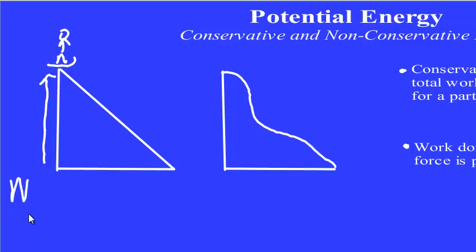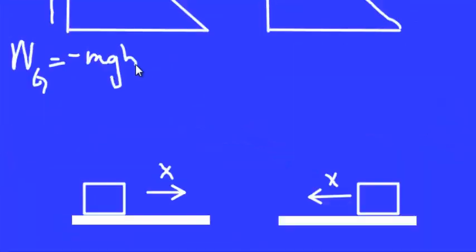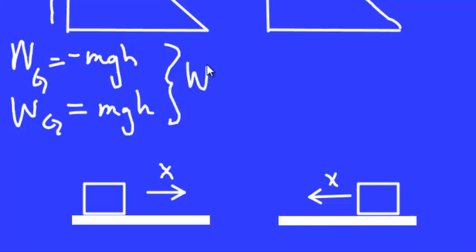And then when the skier goes down the hill, the work done by gravity is positive mgh. So the net work done for the skier to return back to where he or she started is going to be 0.